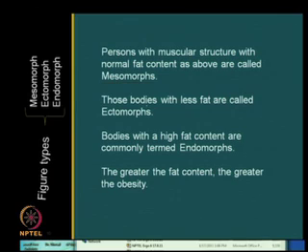Those bodies with less fat are called ectomorphs. Bodies with a high fat content are commonly termed endomorphs. The greater the fat content, the greater the obesity, and obesity comes from this endomorph body type.